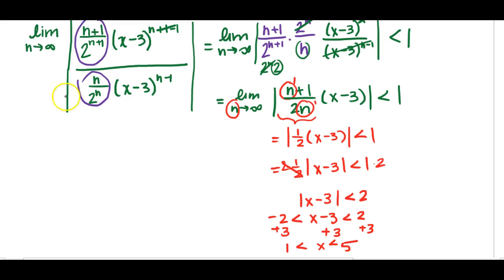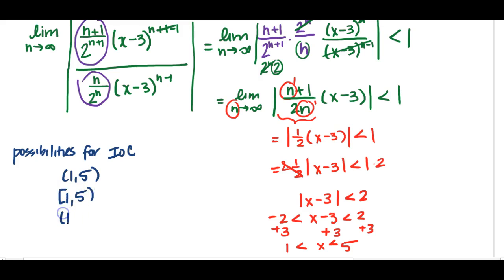So what I know so far is that my possibilities for the interval of convergence are 1 to 5, not including the endpoints, closed at 1, open at 5, or open at 1, closed at 5.